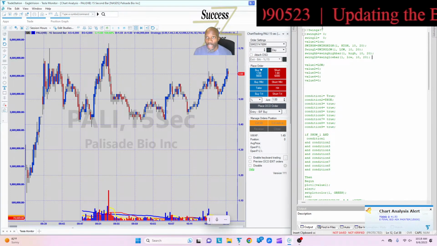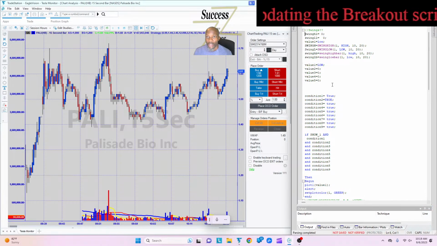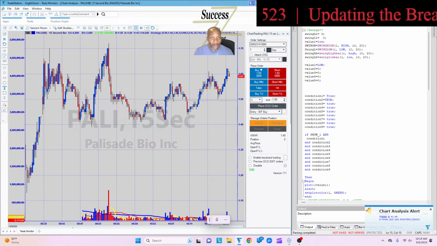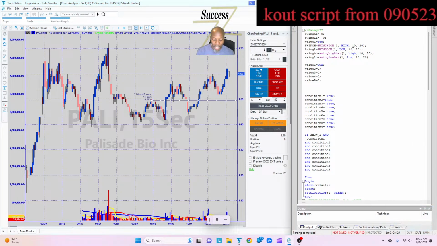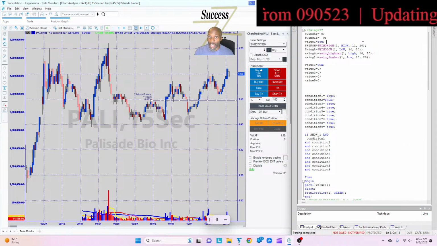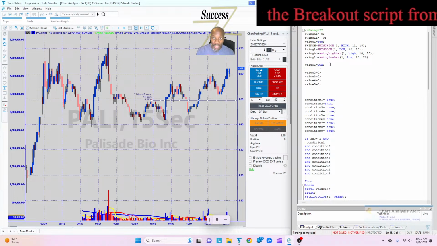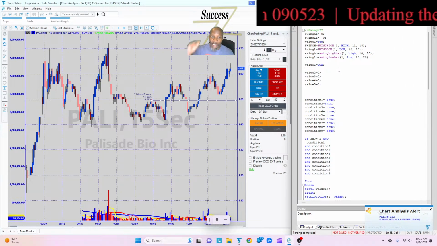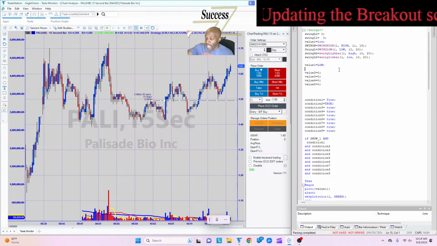We know we're going to use swing highs because we're doing a breakout. How are we going to qualify the swing highs? The swings are about 11 bars apart. So we're going to find a high with at least 11 bars, and we'll put looking back by 15. We need the high, and then the high, and then the high, and when it breaks the high, we take the entry.